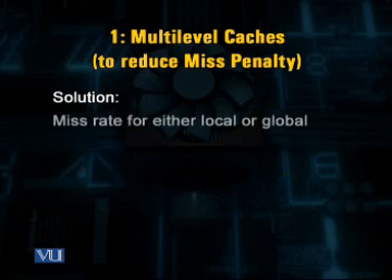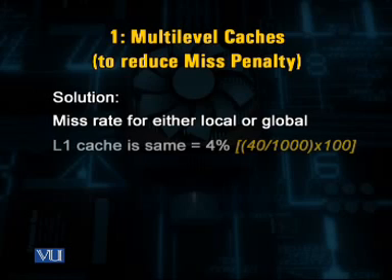Here, the miss rate for either local or global L1 cache is the same and it is equal to 4%, which is determined as 40 divided by 1000 multiplied by 100.